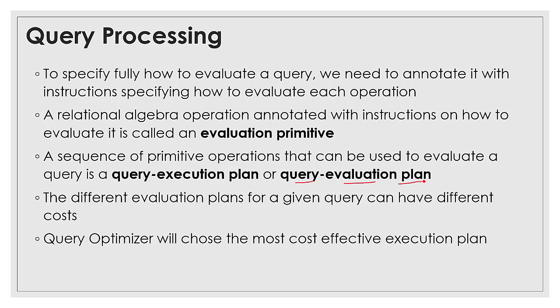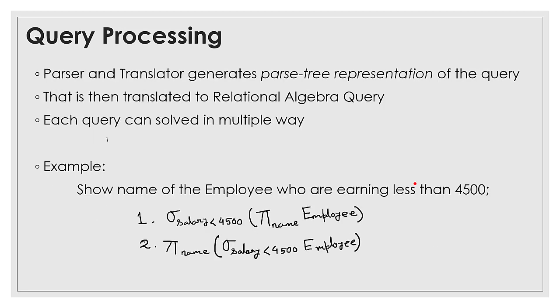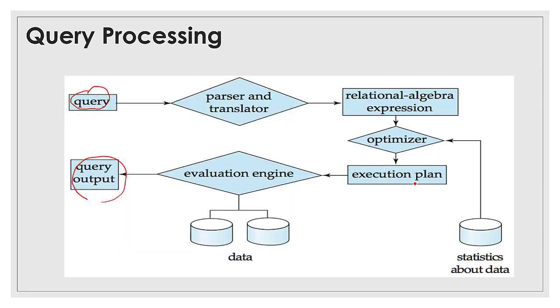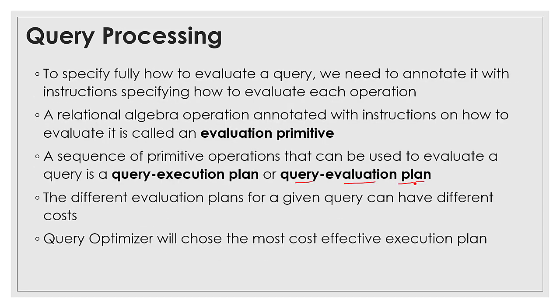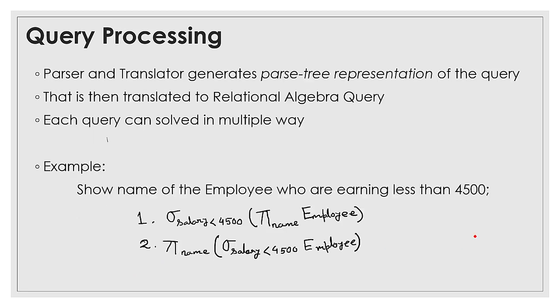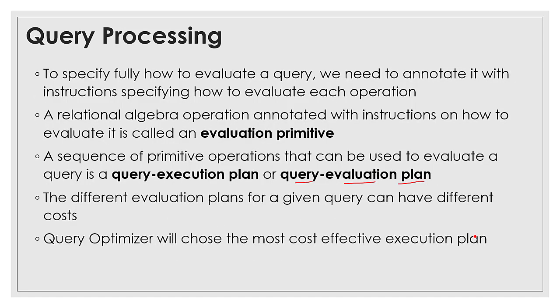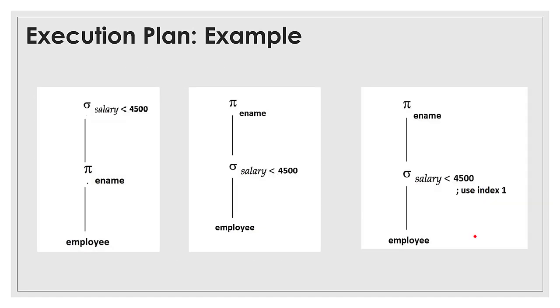After the parser and translator generate the evaluation plans, they will go to the optimizer, and the query optimizer will choose the most cost-effective execution plan, and that will go to the evaluation engine. Now, this is an example of our execution plan. In the first relational algebra, we are projecting the name, then selecting those names where the salary is less than 4,500.